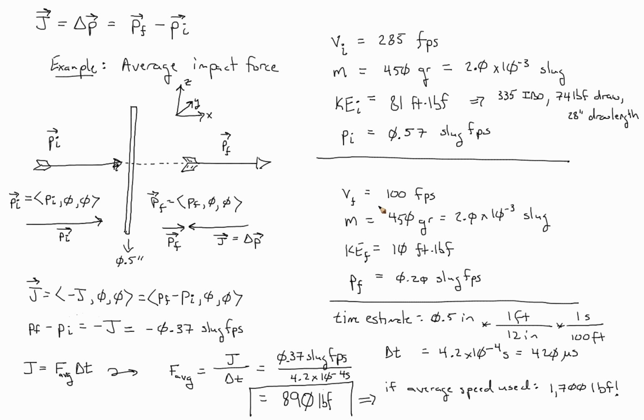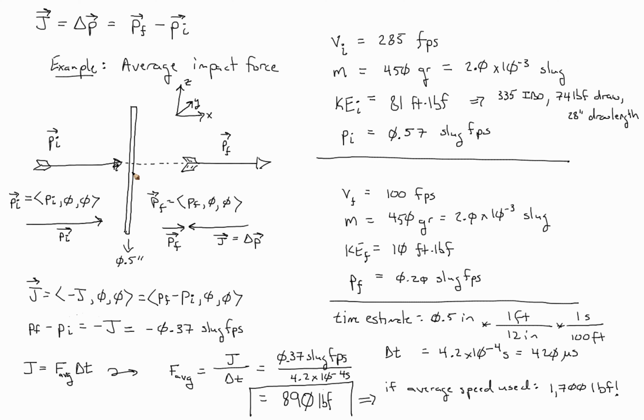Let's assume that the arrow traveling through was only going 100 feet per second through the entire board. So that's the equivalent of saying that as soon as it hits, it dropped down to 100 feet per second, and that's how fast it was going as it crossed this little length here, and that's as long as it would take.